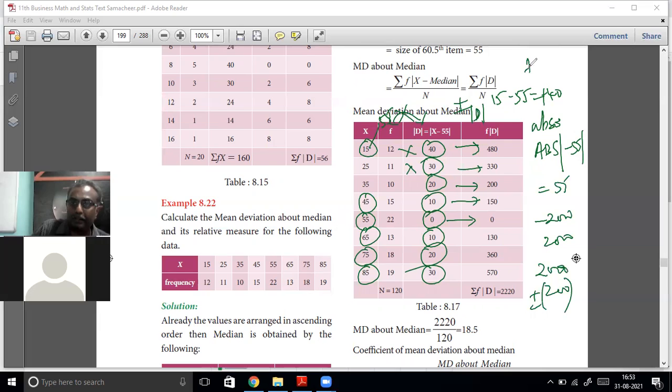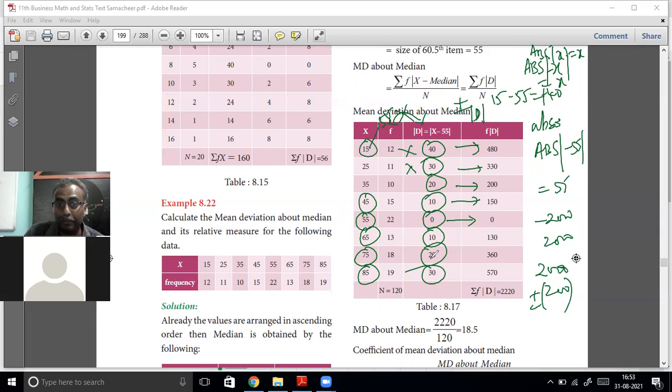That is studied in, I think, 7th or 8th standard. ABS of minus x is equal to x. ABS of x is also equal to x. Absolute value. If you put it in an Excel sheet and see, you'll also get that. So 65 minus 55, 10, then 20.